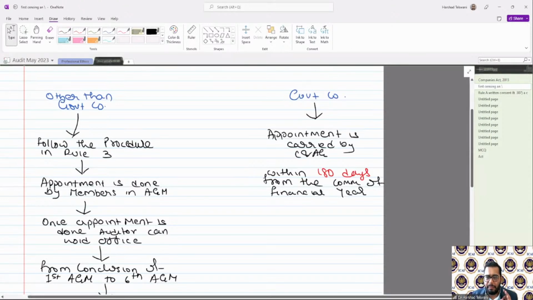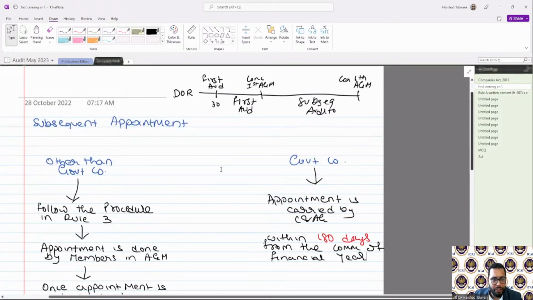Within 180 days from the commencement of the financial year, that auditor will be appointed by the CAG. Simple. There is no complication in this. Now, this is for the government company.